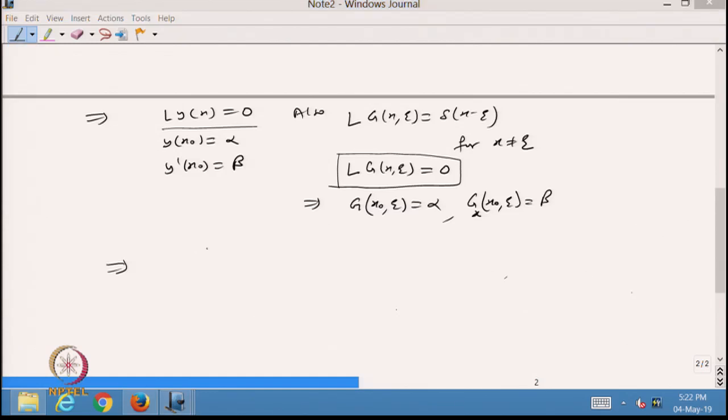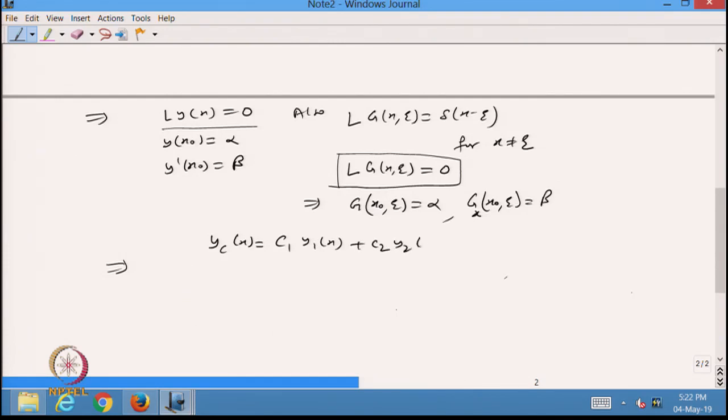So I defined my function y_c(x) is equal to c1 y1(x) plus c2 y2(x).